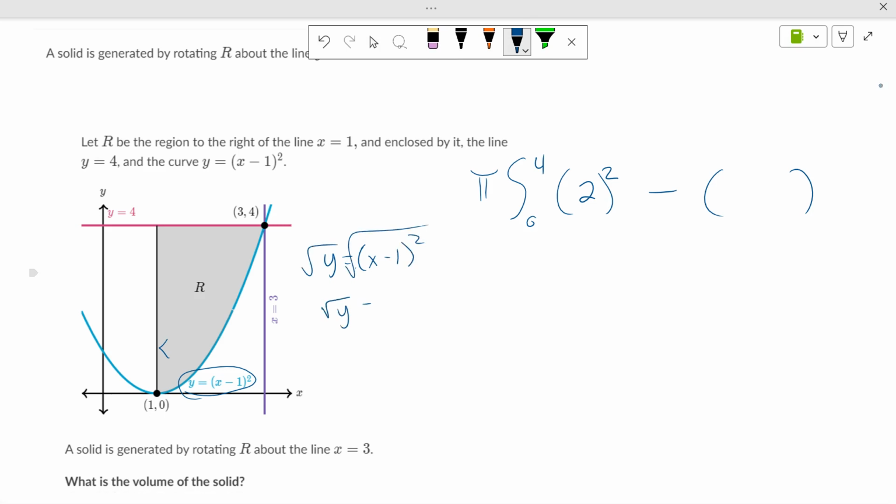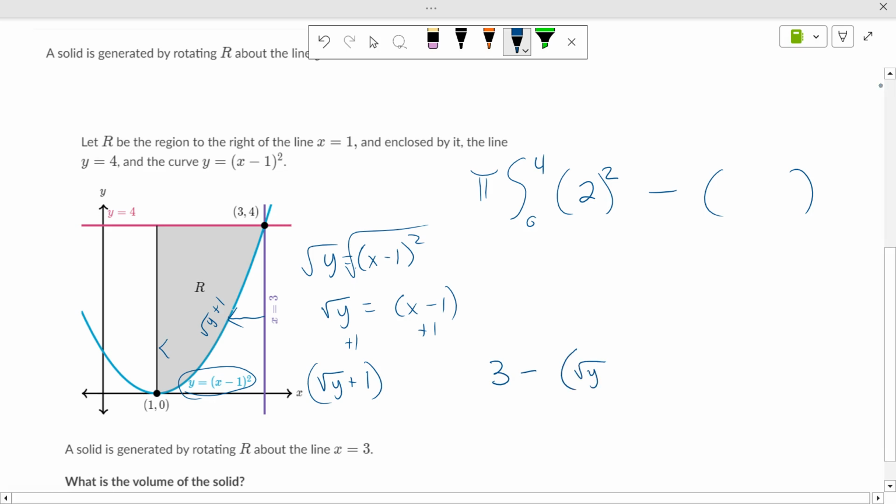So the square root of y equals x minus 1. Then we're going to do what? Add 1. So this is the square root of y plus 1. So that's what this line is, the square root of y plus 1. So I have to subtract this. So I have to go 3 minus the square root of y plus 1.